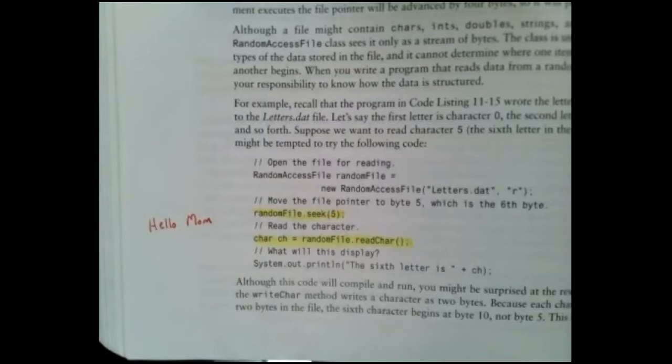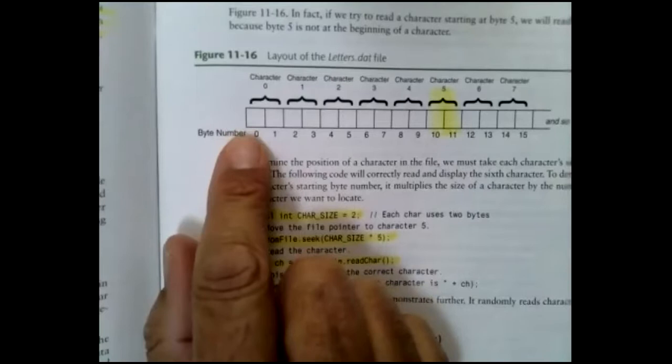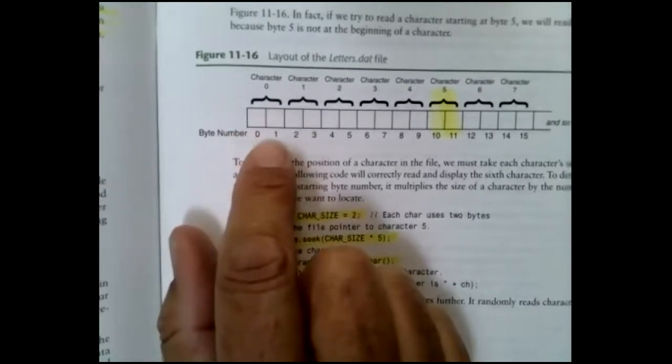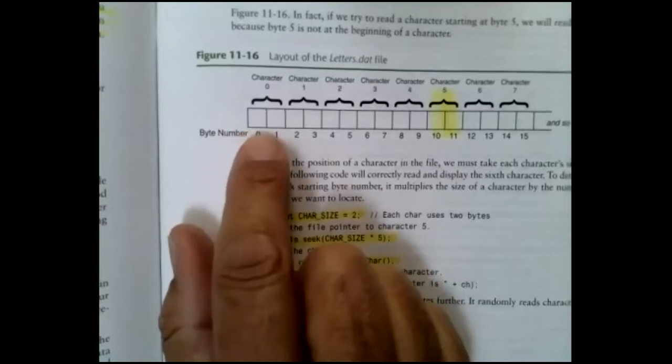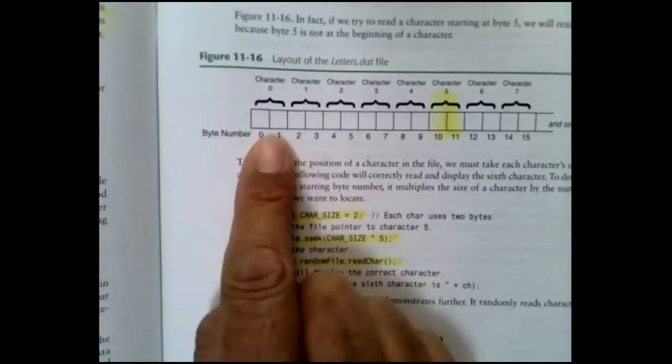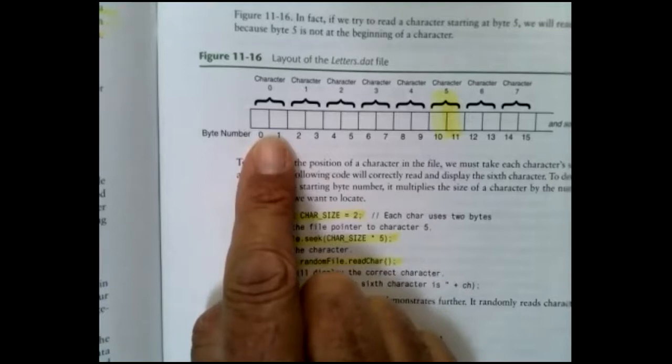So this was a little bit of a test to see who read ahead or who is glancing at the next page. If I'm jumping a certain number of bytes and trying to read in characters, characters are stored in 2 byte increments. So one of the things I need to remember when I'm seeking is what is it I'm seeking?